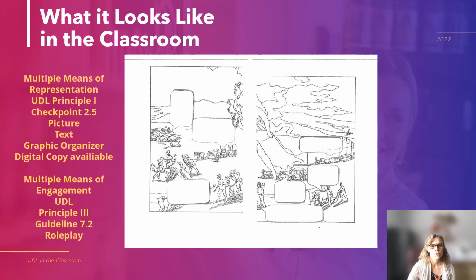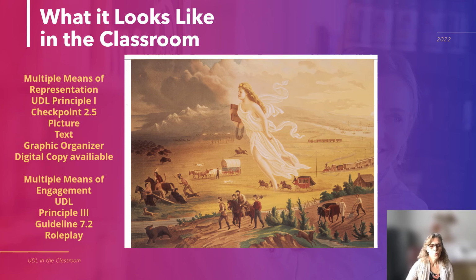Then they were given a graphic organizer that they were going to fill out. Once the graphic organizer was passed out, and once we talked about the image on the screen and read about it a little in the book, I divided the class into 7 groups, and each group was assigned a role.